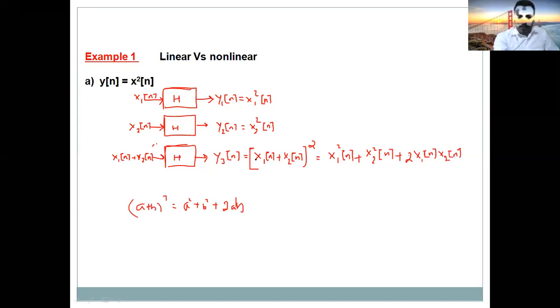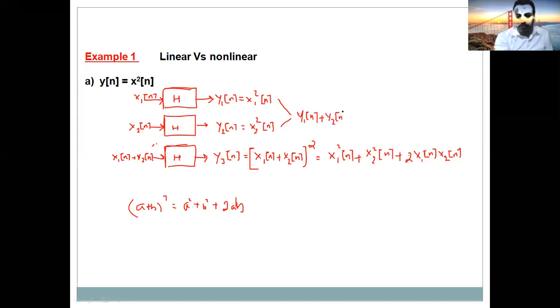Now, look here. If you add these two outputs together, this output y1 is the corresponding output for x1. y2 is the corresponding output for x2. Now, if you add the two outputs, y1 of n plus y2 of n, what are these outputs?